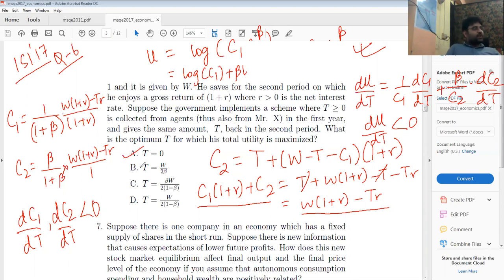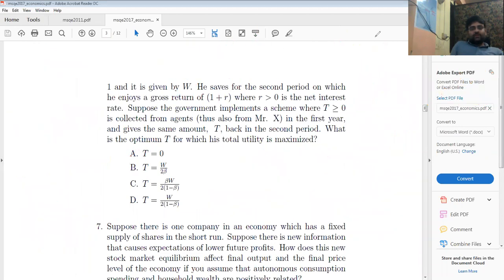Now can I show you a shortcut? The choice is yours how to solve it. U is equal to C1 into C2 to the power beta. This is a Cobb-Douglas. A Cobb-Douglas basically means that income elasticity is equal to 1, because Cobb-Douglas is homothetic preferences. I have done this. Homothetic preferences, income elasticity is equal to 1.